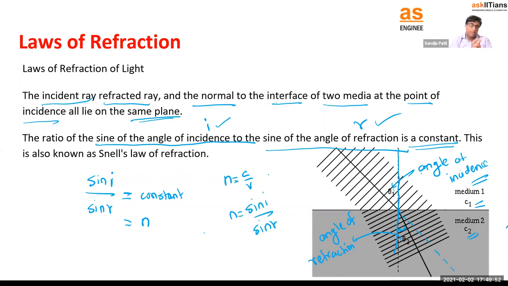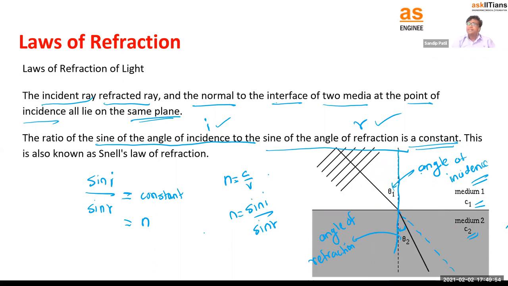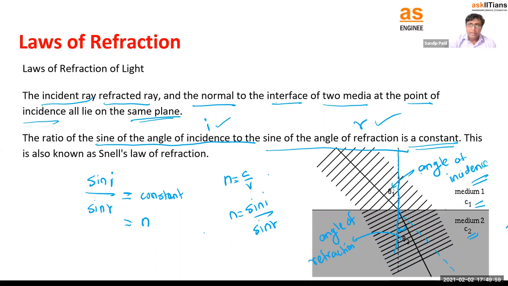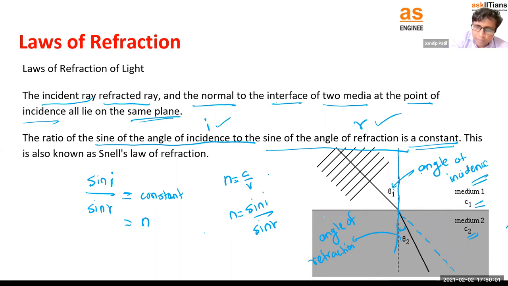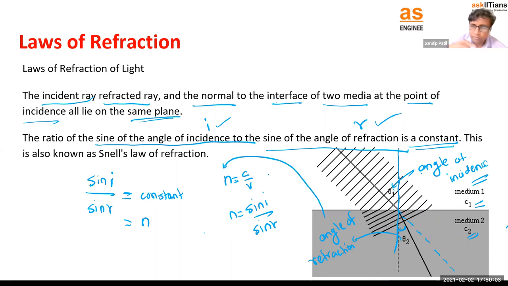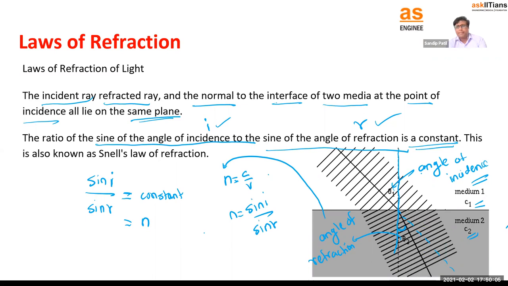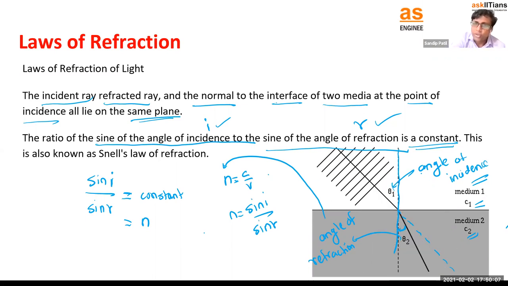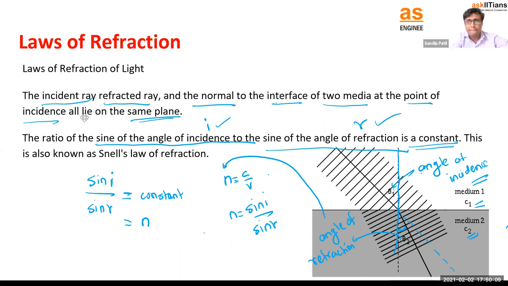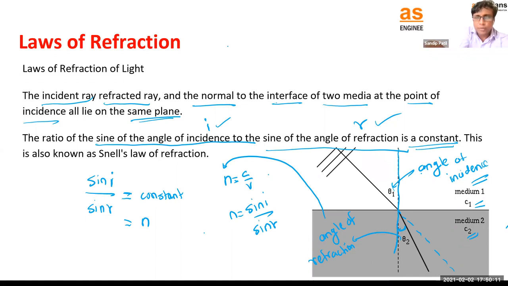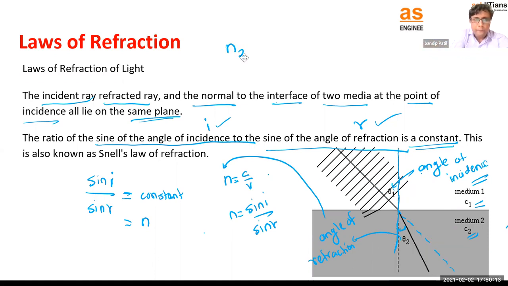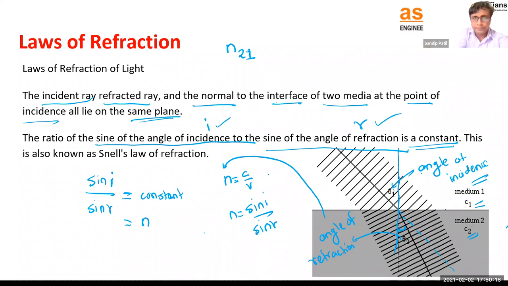Now, when we talk about the refractive index, this refractive index is a relative term. Relative term means what? The n is of this second medium, right? The ray is going into the second medium from the first medium. So this n is actually the n of the second medium with respect to the first medium. Remember this part, right?